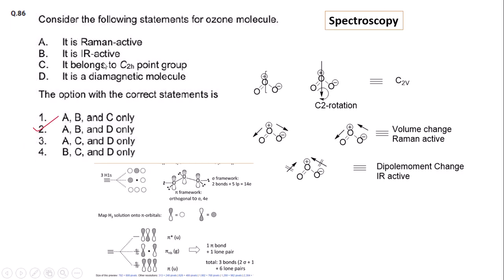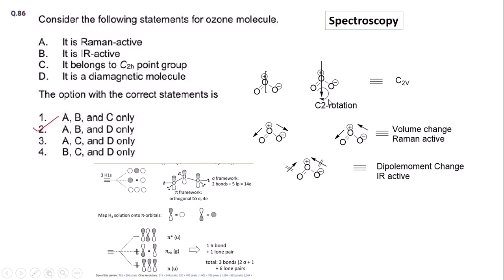Next is which one is Raman active and which one is IR active. We know that a linear molecule is either Raman active or IR active. If the polarizability changes, the molecule becomes Raman active. This is a non-linear molecule, so the polarizability always changes, and so any stretching mode is Raman active. But in the case of the ozone system, the dipole moment changes during vibration, so it is also IR active.